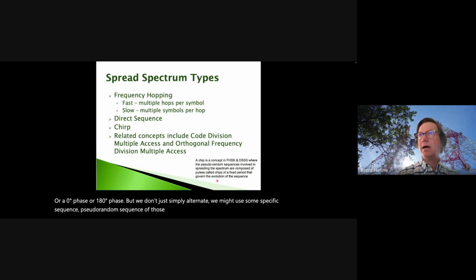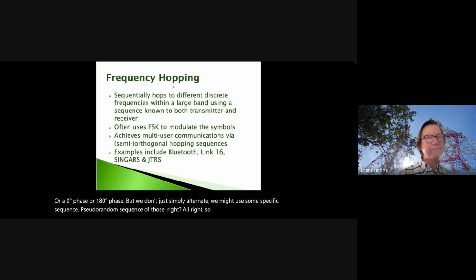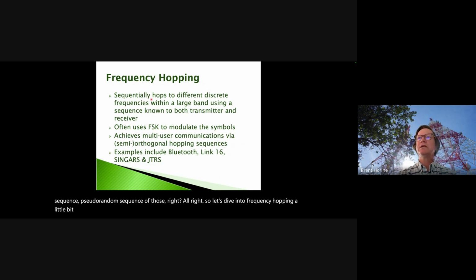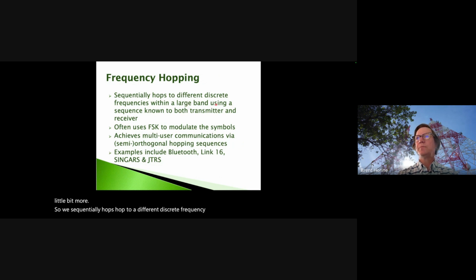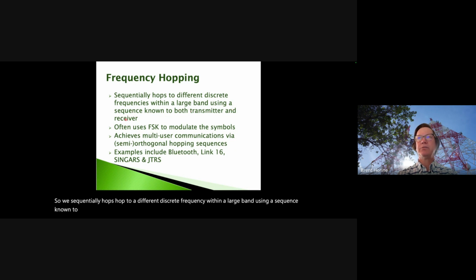All right, so let's dive into frequency hopping a little bit more. So we sequentially hop to a different discrete frequency within a large band using a sequence known to both transmitter and the receiver, right? So this is a pseudo-random sequence that's specifying which of these discrete frequencies to hop to, right?